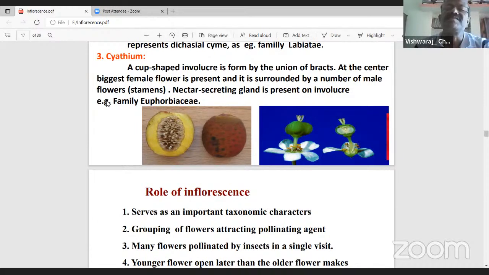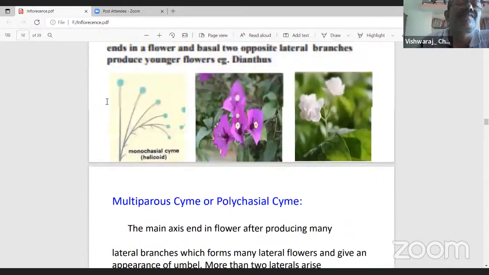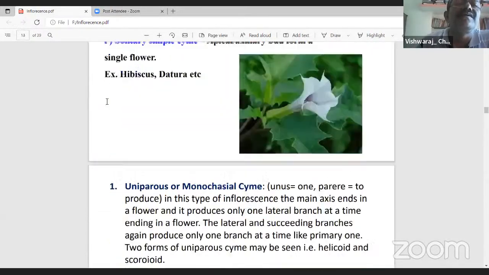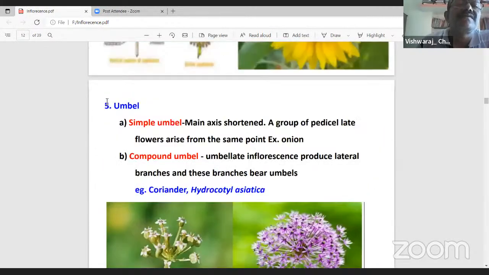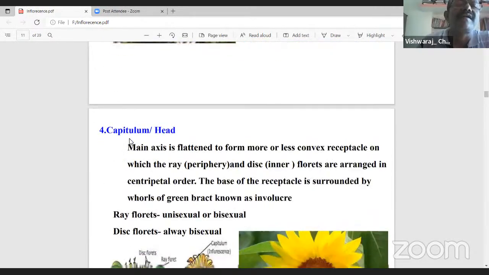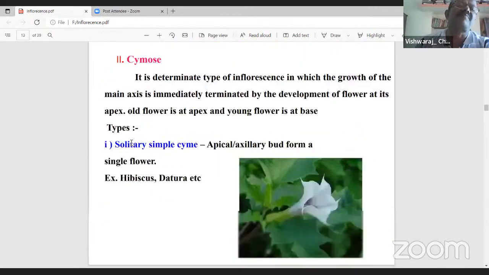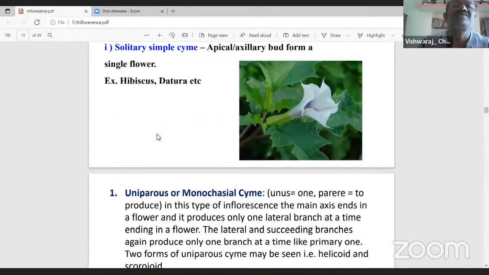Raceme is divided into simple raceme and compound raceme; spike into simple spike, mixed spike, compound spike; then spadix, then umbel, and capitulum.